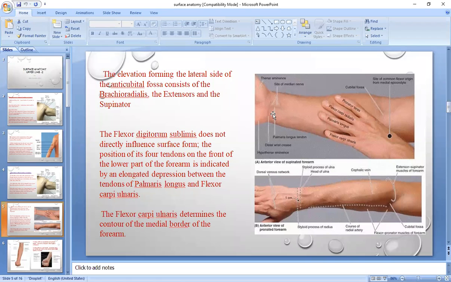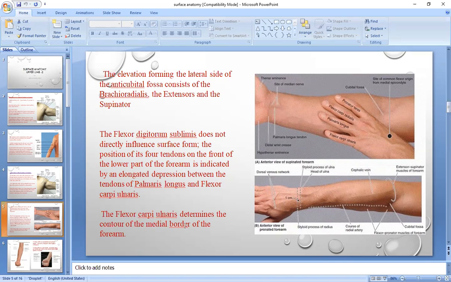So, in this groove, what can you identify? The tendons, all four tendons of this flexor digitorum sublimis, right? This groove is laterally bounded by the palmaris longus tendon and medially by the flexor carpi ulnaris. So, this is the depression for the flexor digitorum.